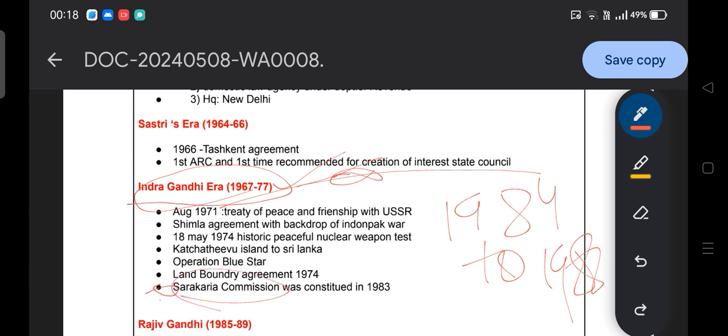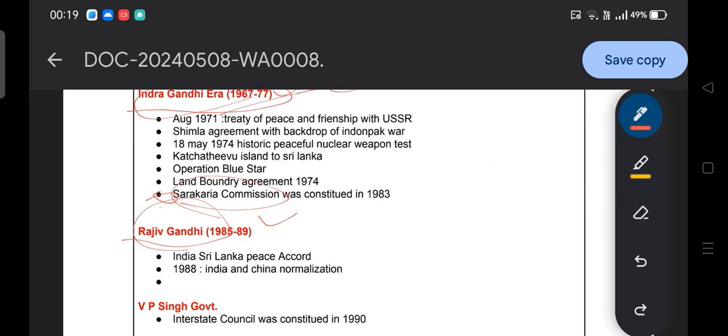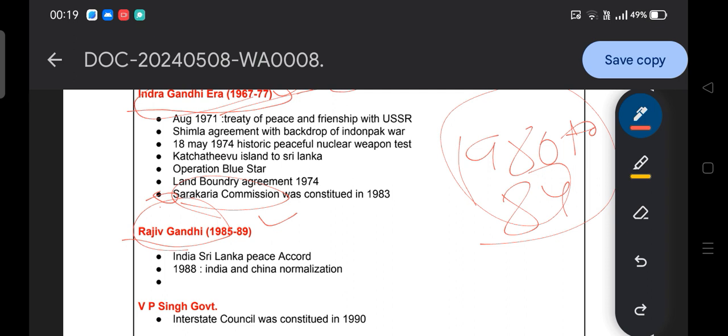Then moving to the next, Rajiv Gandhi government, 1985 to 89. Guys, here a small thing needs to be corrected: the Indira Gandhi government was 1980 to 84, it's my mistake, sorry for that. But the Rajiv Gandhi government was 85 to 89.